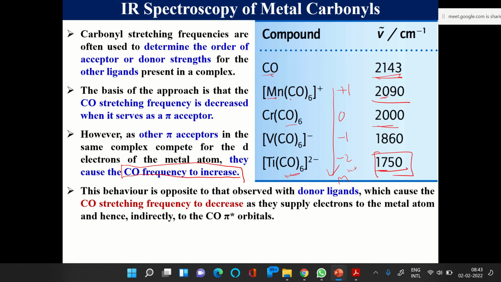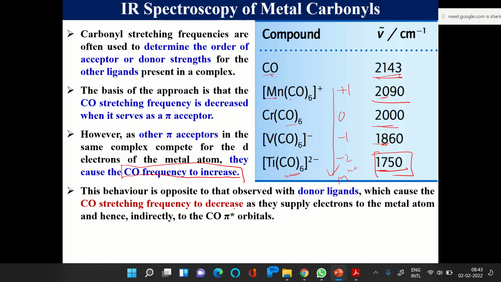So the actual electron density in CO will be less due to back donation, and the weakening of the bond will be less. The frequency will change a little from what you saw in the complete case. It will slightly increase as compared to when it has only CO ligand.